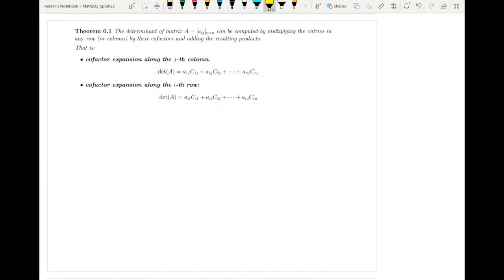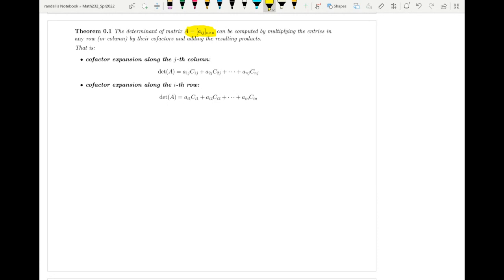This is a theorem telling us how we may compute the determinant of an arbitrary n by n matrix. Now notice this notation: A is denoted by, so there's my matrix capital A, but it's customary to also write this with square brackets around a smaller aij to denote a matrix with aij entries, and n by n denoting the size of it.